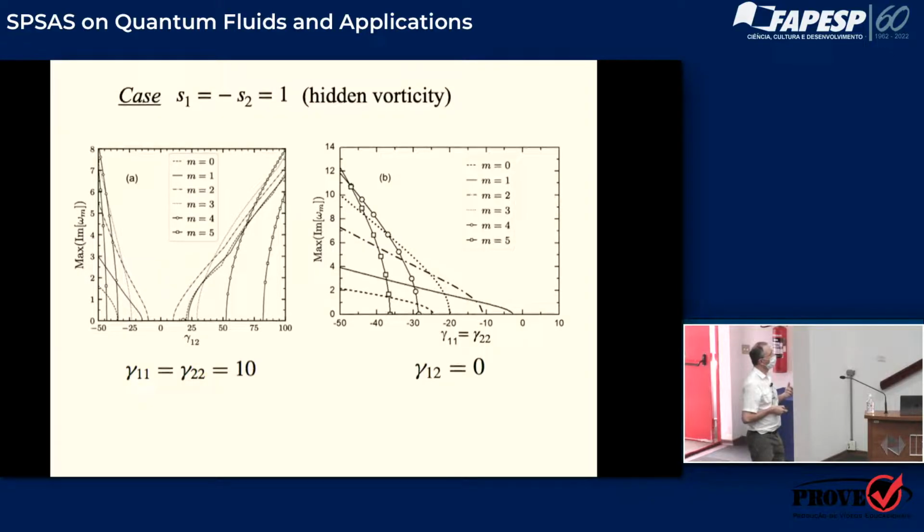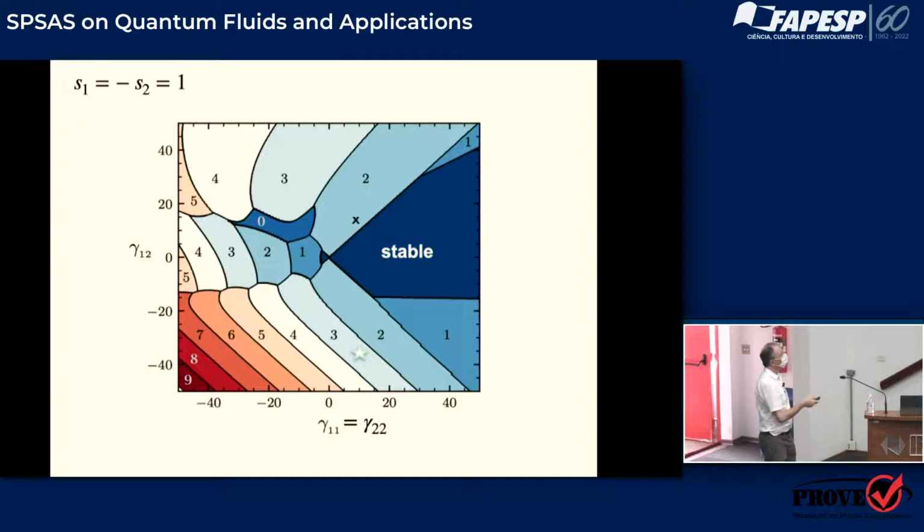Here we build this for gamma 1,1 and gamma 2,2 equal 10. And here, the same picture in the other frame for equal interactions 1,1 and 2,2, and gamma 1,2 equals 0. So building all these figures, we can find many, many modes. And we finally get, for this system S1 minus S2 equal 1, this stability diagram.